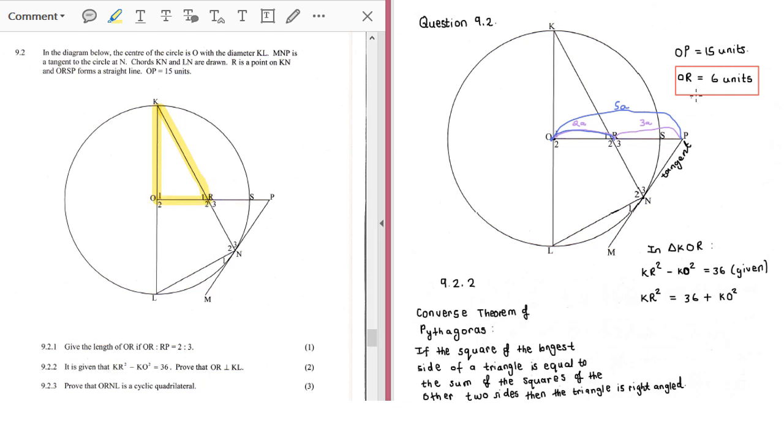In the previous question we calculated that OR is 6 units long. It just happens that 6 squared is actually 36, so we can substitute 6 squared for 36, plus KO squared, and substitute 6 for the length OR.